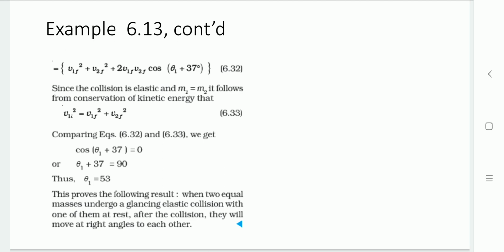So theta 1 plus 37 equals 90 degrees, because cos is 0 at 90 degrees. So theta 1 equals 53 degrees. This proves that when two equal masses undergo a glancing elastic collision with one of them at rest, after the collision they will move at right angles to each other.